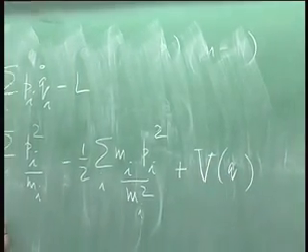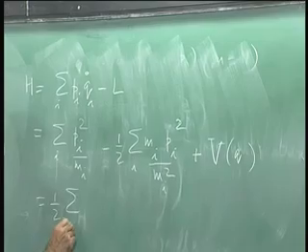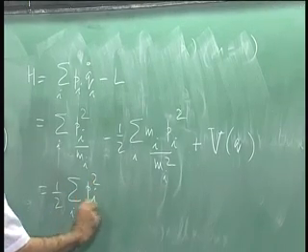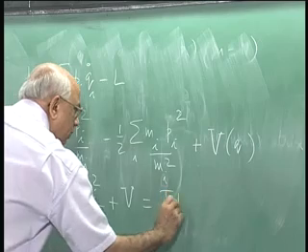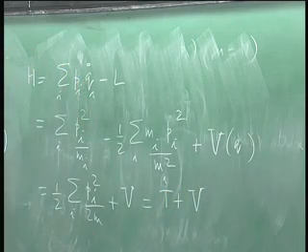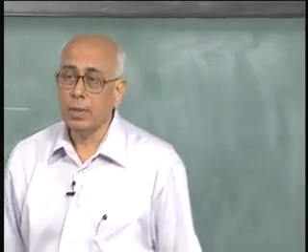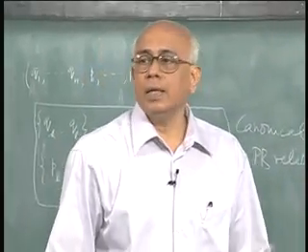That gives you the familiar expression, the summation over i of p_i squared over 2m plus V, equal to T plus V. This is how you identify for such systems the Hamiltonian with the total energy of the system.